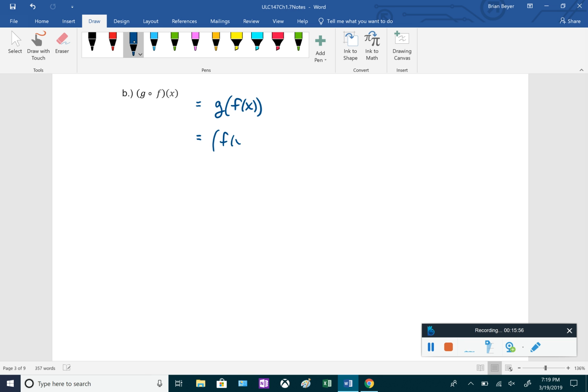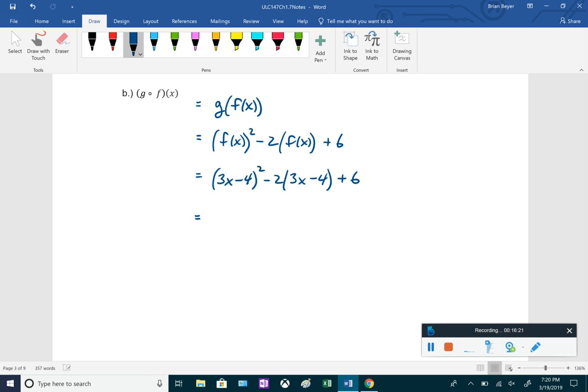So it's going to be f of x squared minus 2 times f of x plus 6. And now let's actually plug in for f of x. So 3x minus 4 squared minus 2 times 3x minus 4 plus 6.